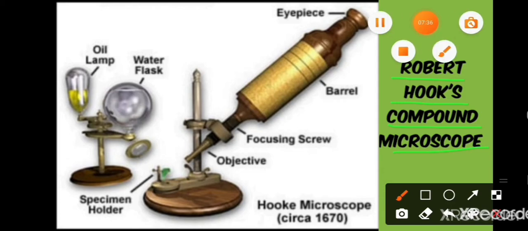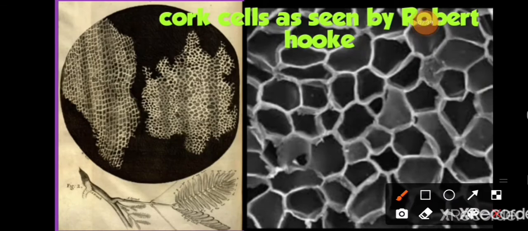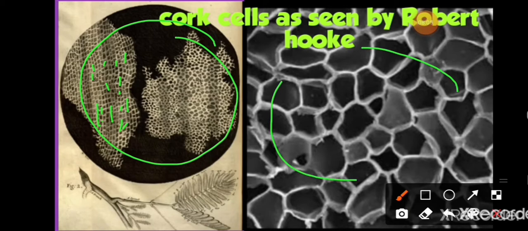This is the picture of the thin slice of a cork and Robert Hooke examined this thin slice of cork under his microscope. This is the structure. You can see here many tiny honeycomb compartment-like structures are present, and they are all piled up together. If you look in the compound microscope, you can see honeycomb-like compartments piled together.